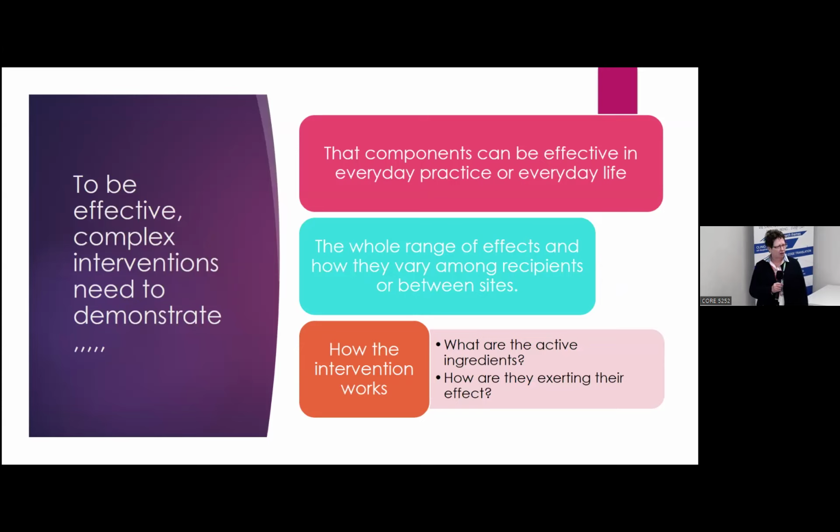And you need to demonstrate how the intervention works. What are the active ingredients and how are they exerting their effect? So they're a little bit different because you have to have these 3 elements as part of your evidence for the effectiveness of the intervention.